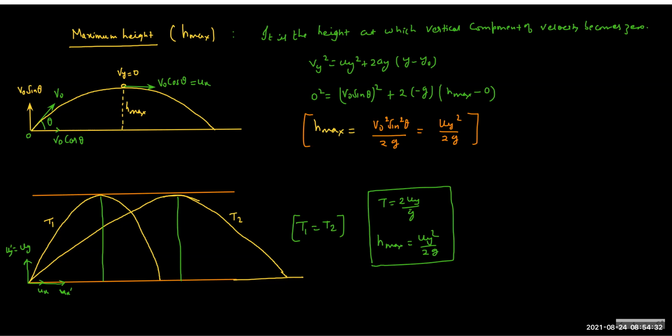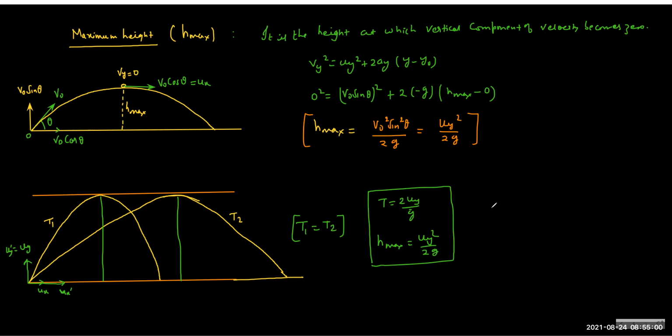So the y component is responsible for two things. One is the maximum height, the other is the time of flight, and therefore we must look through the lens of the y component for these variables. And if the ranges are different, it is due to the ux value, not due to uy.